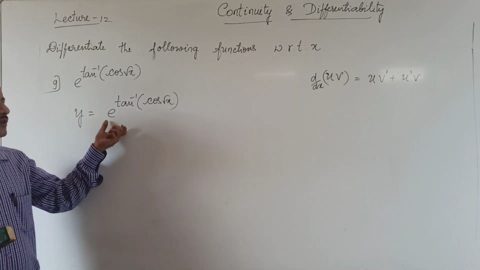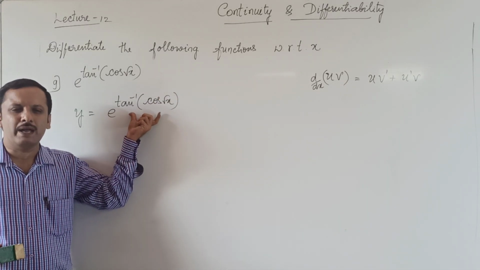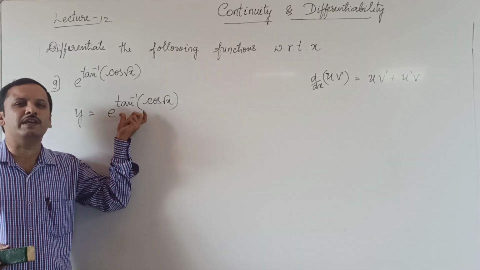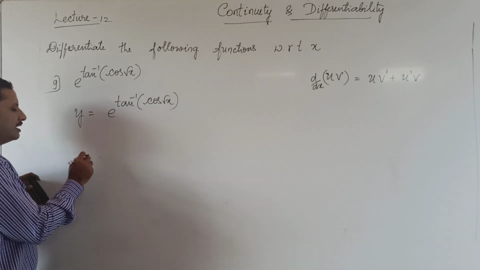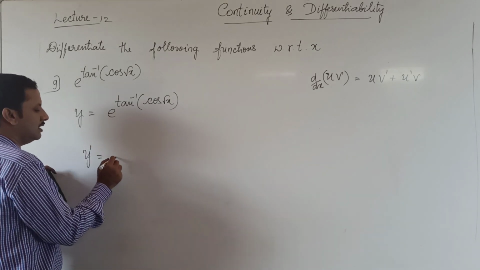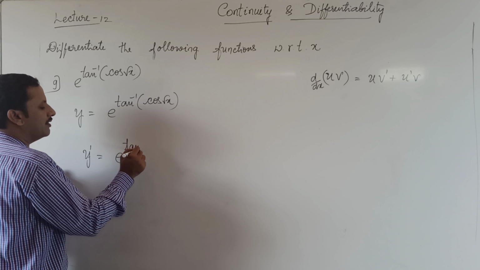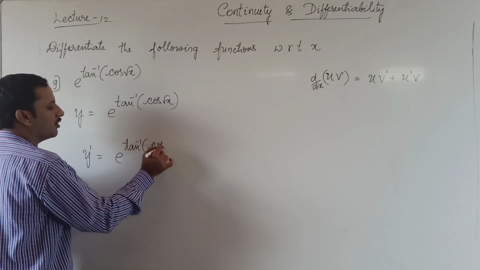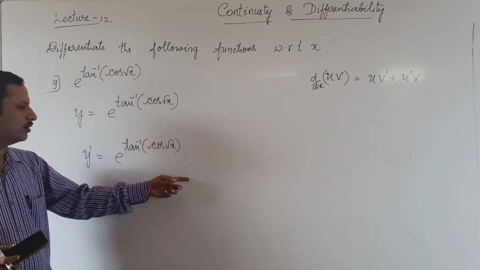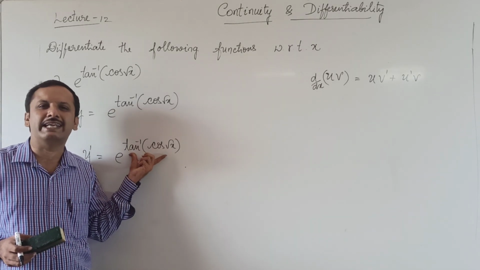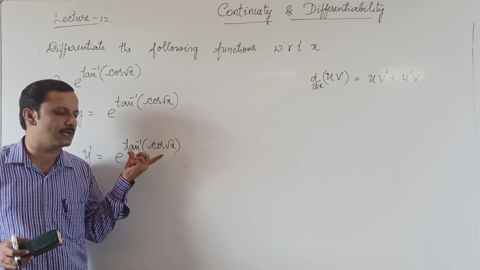Well, this is of the form e power x. As we all know, the derivative of e power x is e power x itself. So the derivative of e power tan inverse cos root x will be e power tan inverse of cos root x into what next? Into, now I will differentiate tan inverse of cos root x.